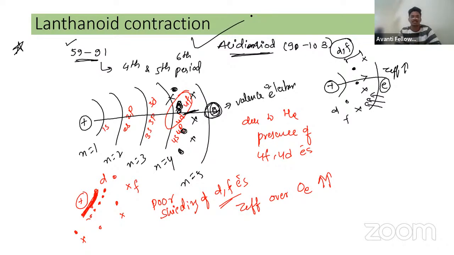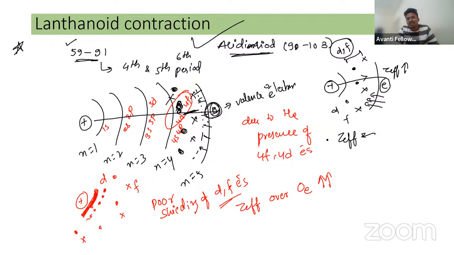I hope everyone understands the meaning of lanthanoid contraction. There is a decrease in the size of the atom due to the inward pulling by Z effective.